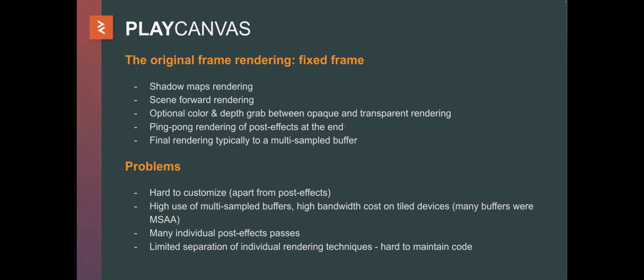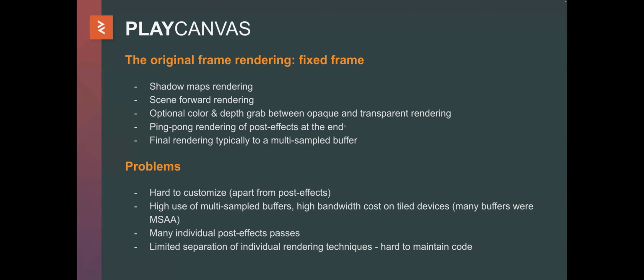Originally, the rendering was similar to other engines, a black box where everybody rendered the same way. You would get some shadow maps rendered, then your scene would render using forward rendering. In between, we can grab color or depth for some special effects later during the transparent pass.